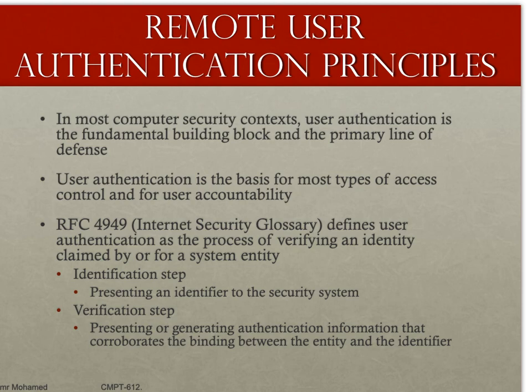You may have an admin privilege, you may have a normal user privilege, you may be allowed to use certain parts of the systems but not the others, and so on. So user authentication is a prerequisite to all these things. And by user accountability, we mean that we need to monitor, for example, your used space and make sure that it does not go beyond the quota that is assigned to you, and so on.